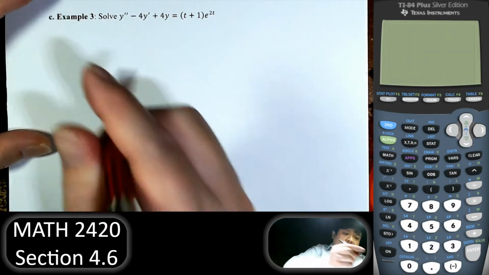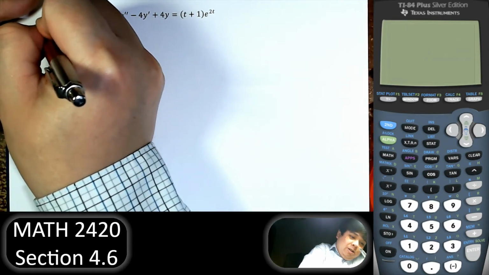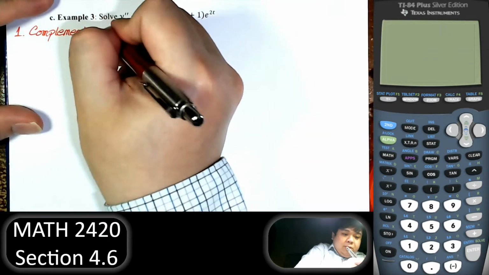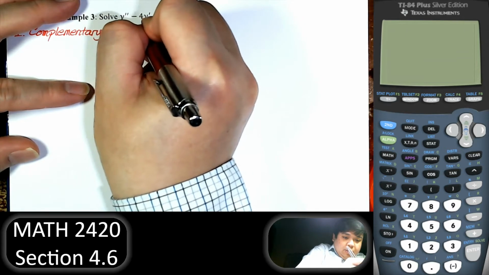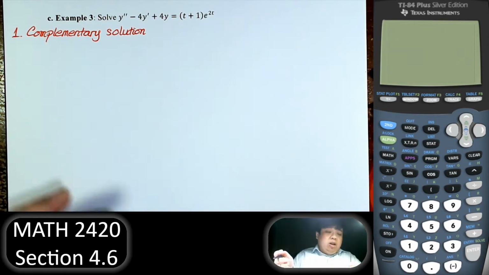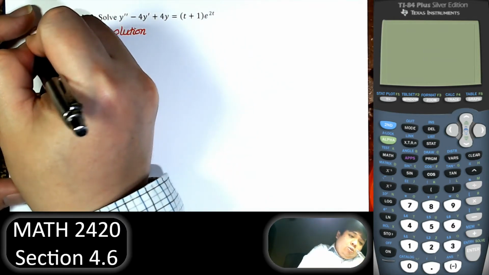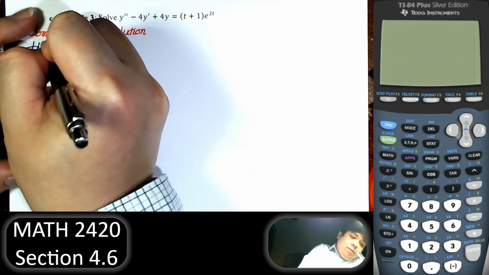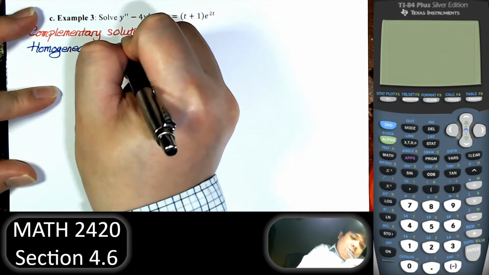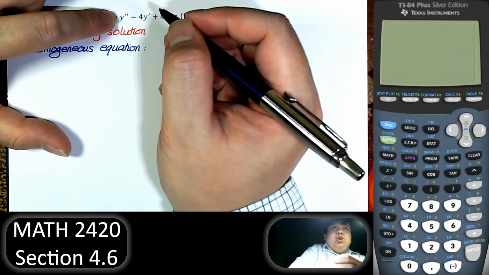So the first step, of course, I still look at complementary solution. Again, try to write small. Complementary solution. So start with the homogeneous equation and then auxiliary equation. So make this equal to 0 to have the auxiliary equation. Again, the leading coefficient is 1, which is good.